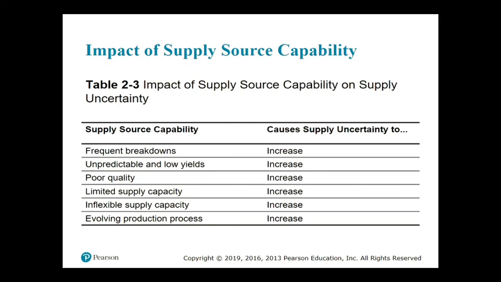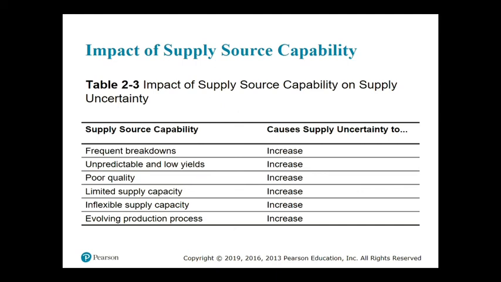The unpredictability of the supply process, the quality: the lower the quality of the supply process, the higher the supply uncertainty. And if the supply capacity is smaller, then there's also higher supply uncertainty.